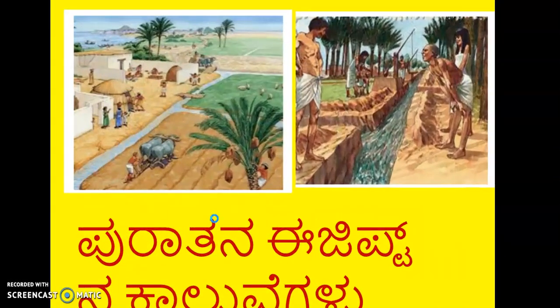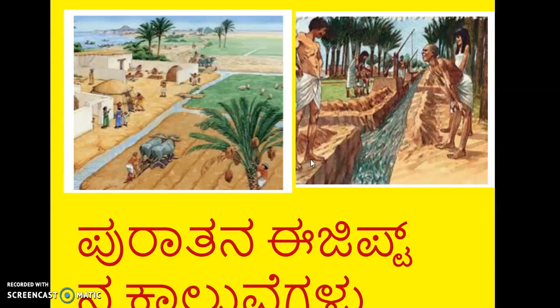These are the canals built by Egyptian people in ancient civilization. They used these canals for agricultural purposes. Children, this shows how the Egyptians had knowledge about geometry.